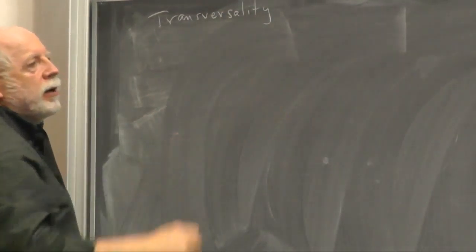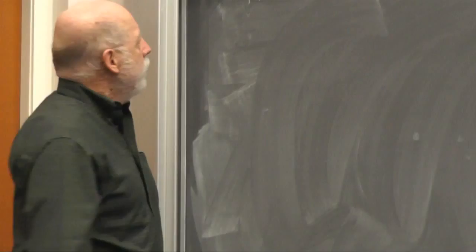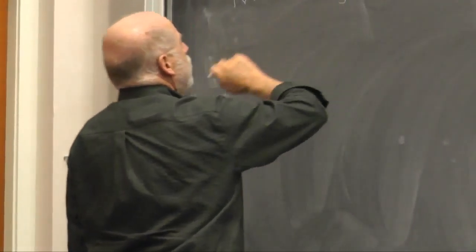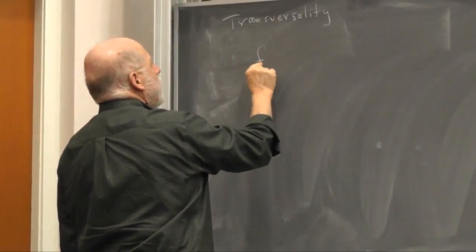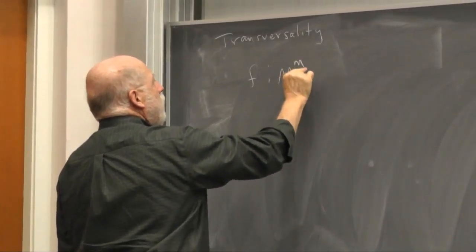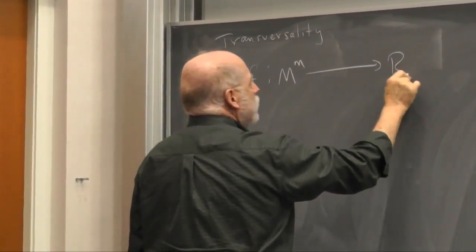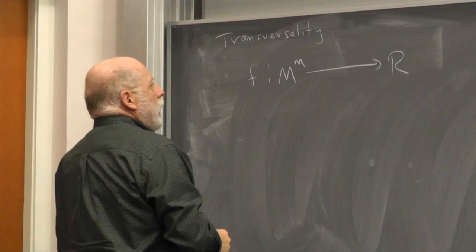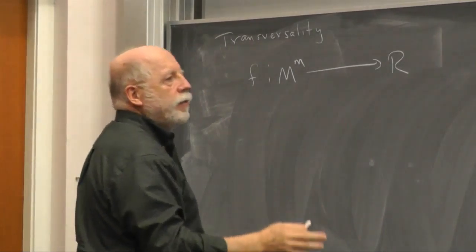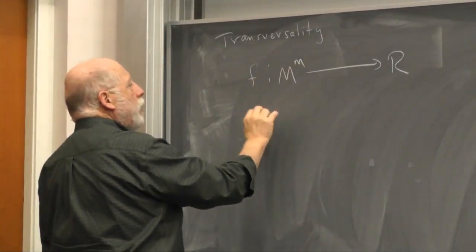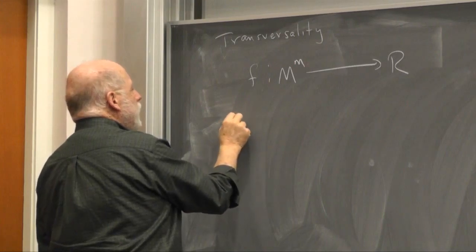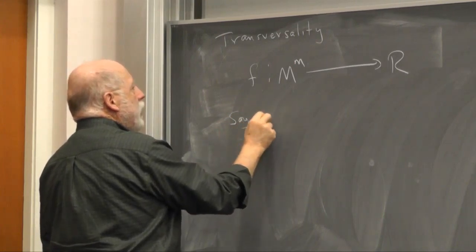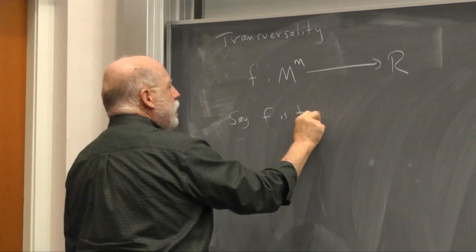And it's going to use this product structure theorem exactly the same way. So for transversality, we start with a map F from a manifold to the reals. And again, there's a relative version, but it's never a problem. So we say that F is transverse.